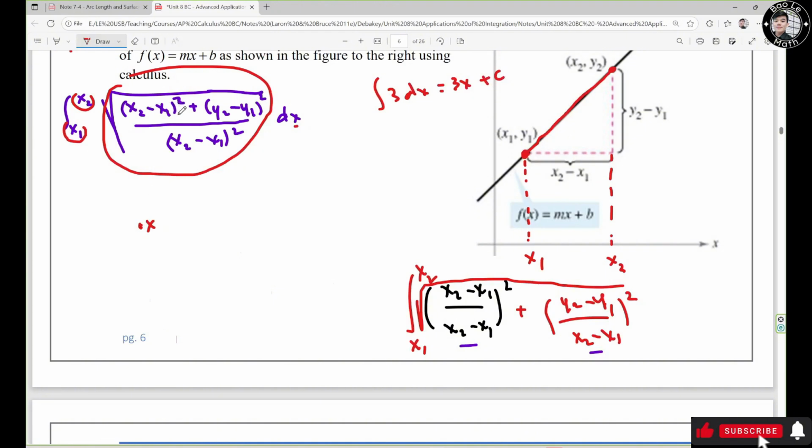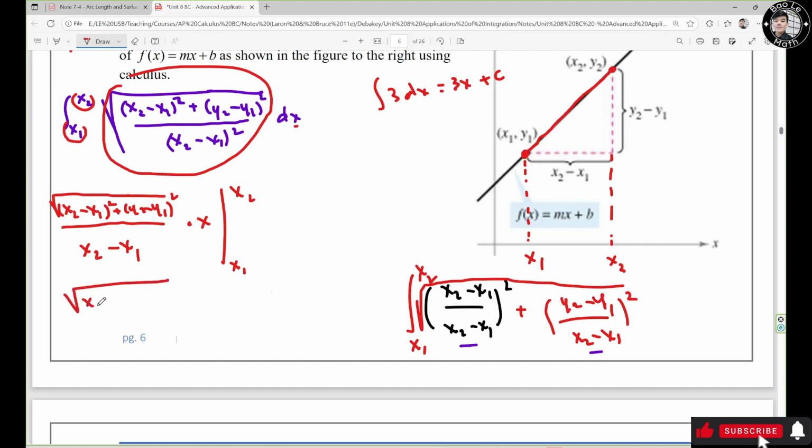I just copy this down and evaluate it from x1 to x2. That gives you the square root of ((x2 minus x1) squared plus (y2 minus y1) squared) over (x2 minus x1), right?